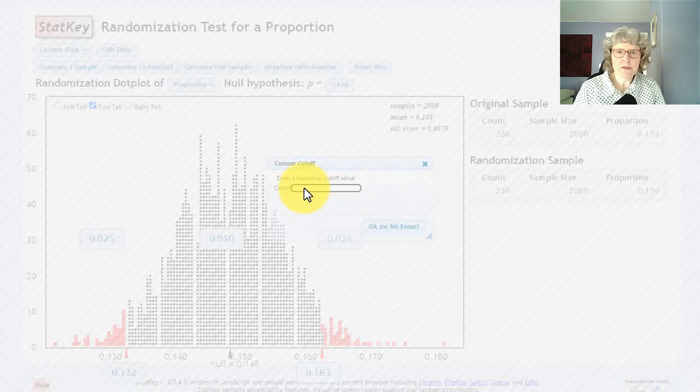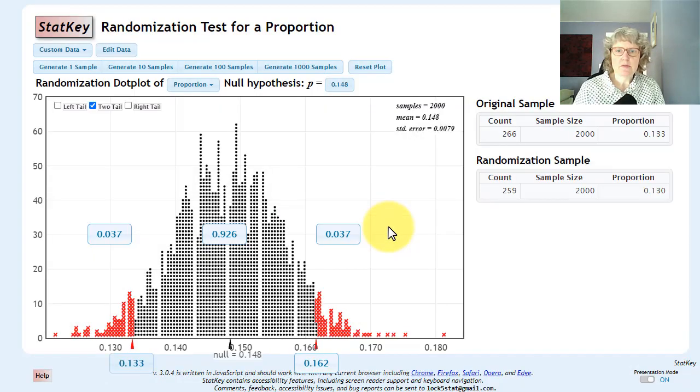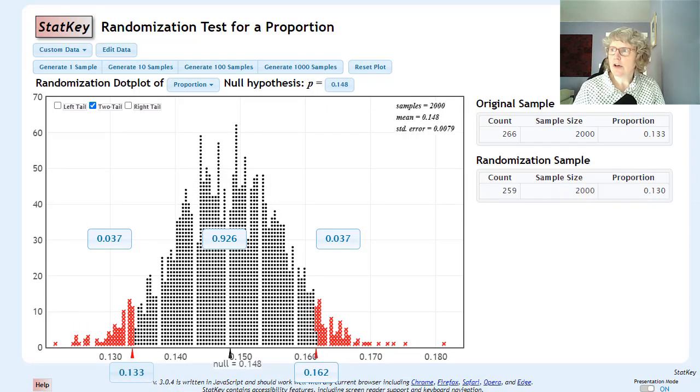If I change this to 0.133, it's going to be just a little over 5. We get 0.037 in the tails. And if I add that together, multiply by 2, 0.037 times 2, oh wow, that's actually coming out a lot higher than 0.05.